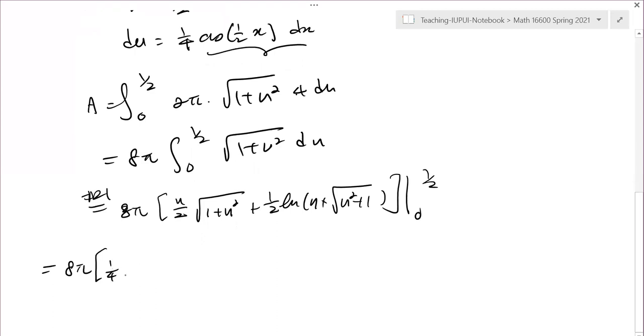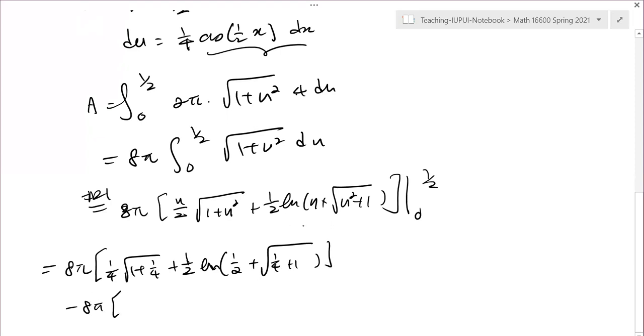It's a quarter, 1 plus a quarter, and half. You don't need to simplify it. And then minus 0. When everything's 0, this is 0. Natural log of 1 is 0, so I don't have another term.